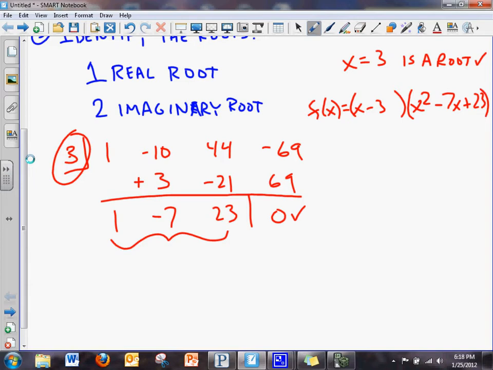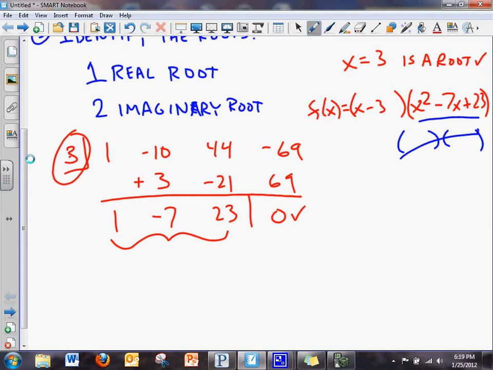Those are the coefficients of the 3 terms. So this is a nice summary statement. Now here's what's going on. This is factored form. I cannot factor this anymore. But I want to find the other two roots that are imaginary. I know it's imaginary, so I'm not going to be able to factor it like that.